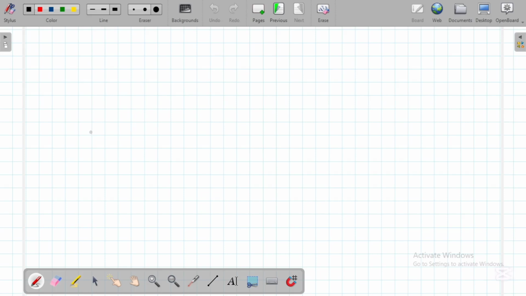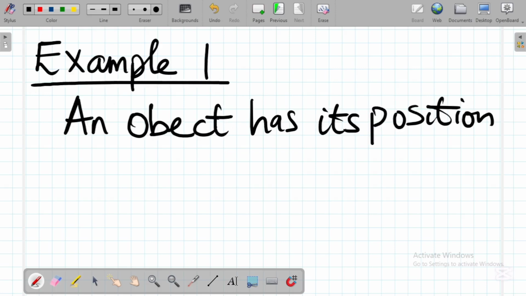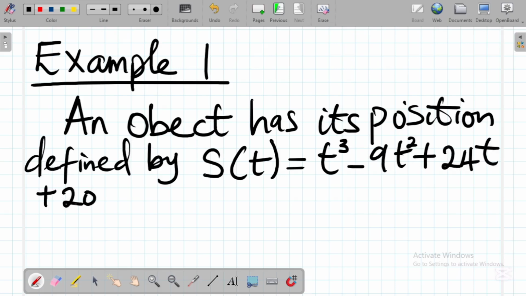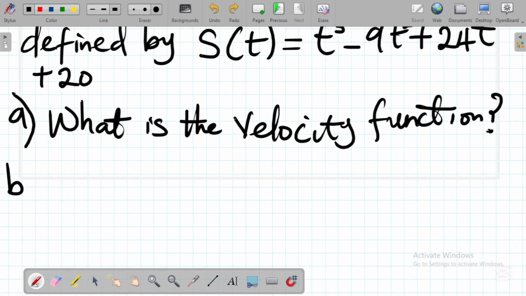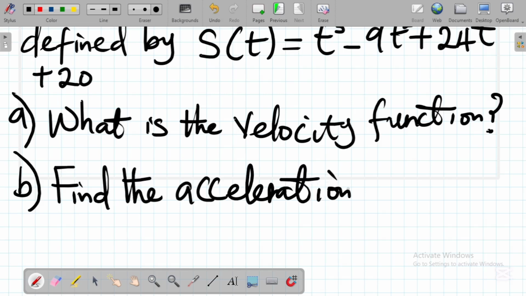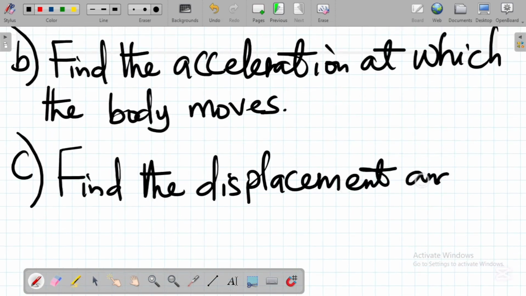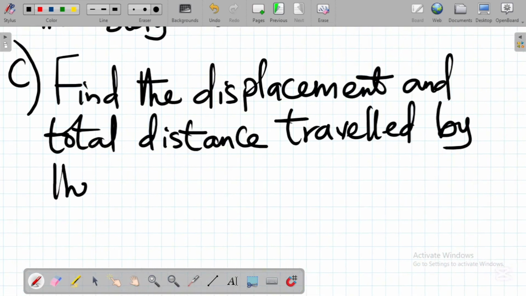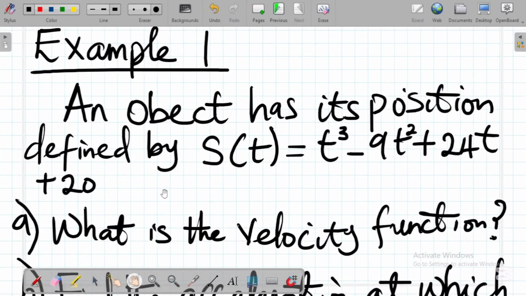Now let's take an example. All right, so let's solve this example.